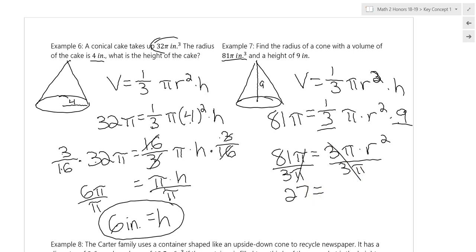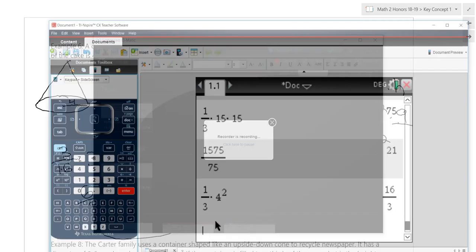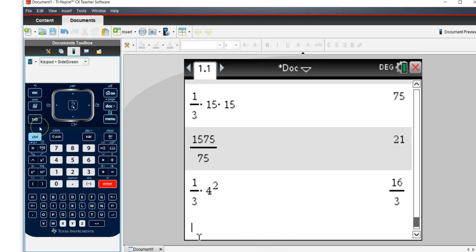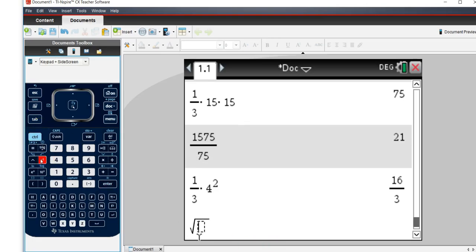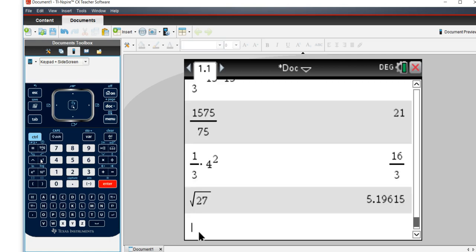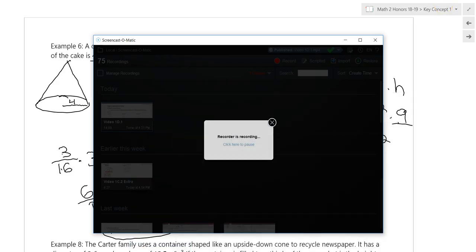Here my 3 pi's cancel out. I'm left with r squared. We're going to take the square root of r squared. 27 is not a perfect square. Right? If I look here, control square root of 27. That's not a nice number.